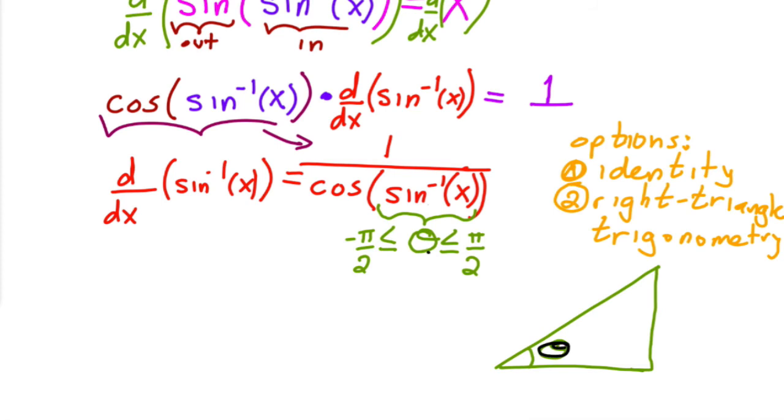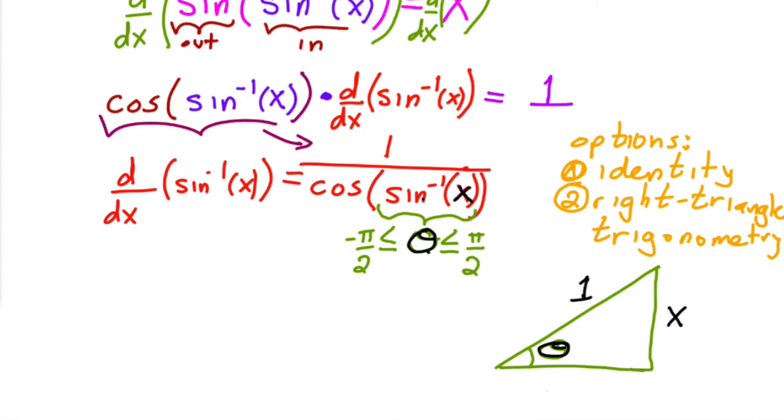Theta is the angle such that sine of that angle theta is equal to x. So if sine of theta is equal to x, and remember sine is opposite over hypotenuse, then this side would have to equal x, and this side would have to equal 1. Because then you get sine of theta equals x over 1.